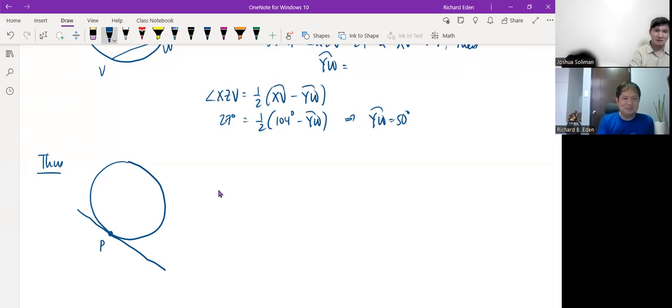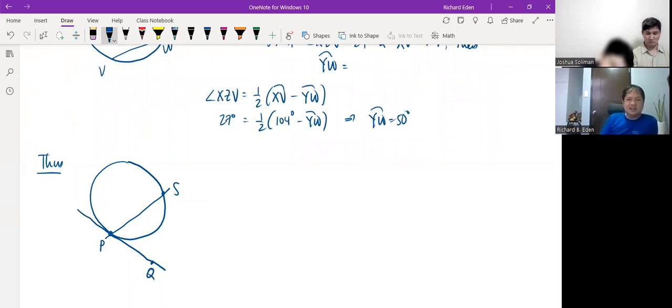So this is P, and let me put a label here at a point Q so that we could easily refer to angle QPS. PS is a secant line because there are two points of intersection of that line with the circle, P and S. However, the other line is only a tangent line because it touches the circle in exactly one point, P. So P is the point of tangency.